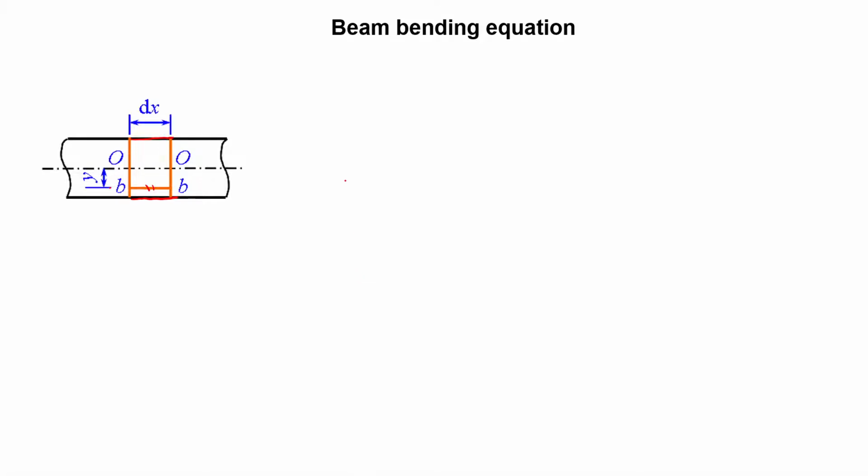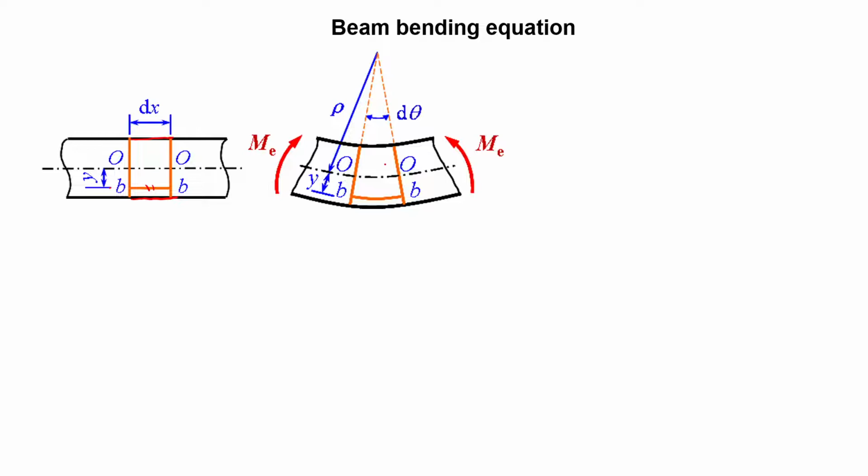But what if we apply moment to the beam? You will generate these non-uniform distributions. On the top, the fiber is shortened, and you can see the fiber length is reduced. On the bottom, you can see the fiber is elongated.